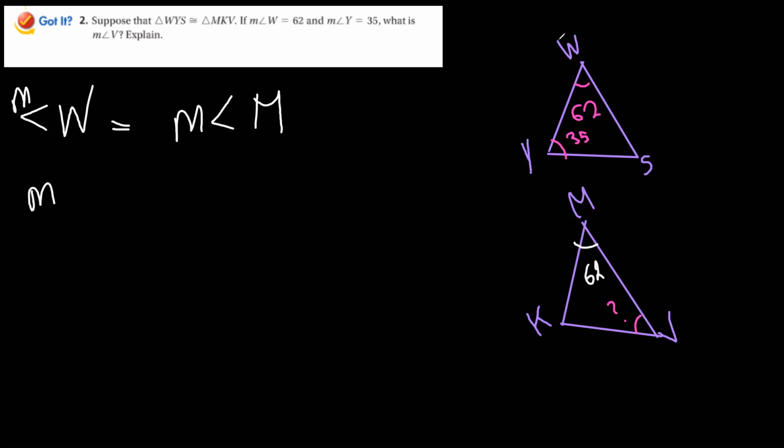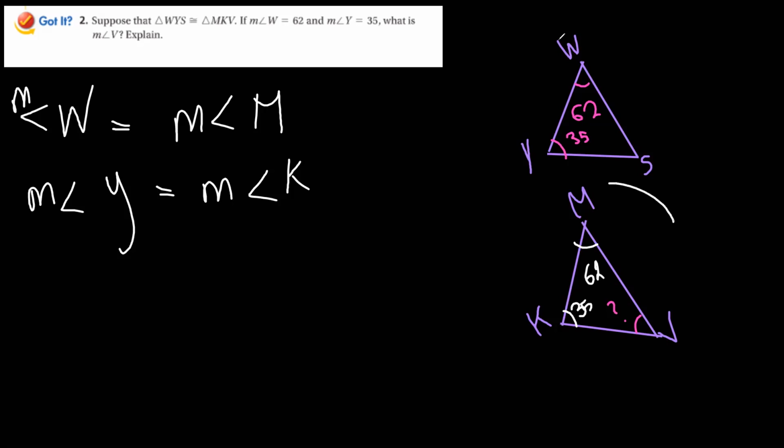And also, the measure of angle Y is equal to the measure of angle K. So Y is 35, so what about K? It's also 35.